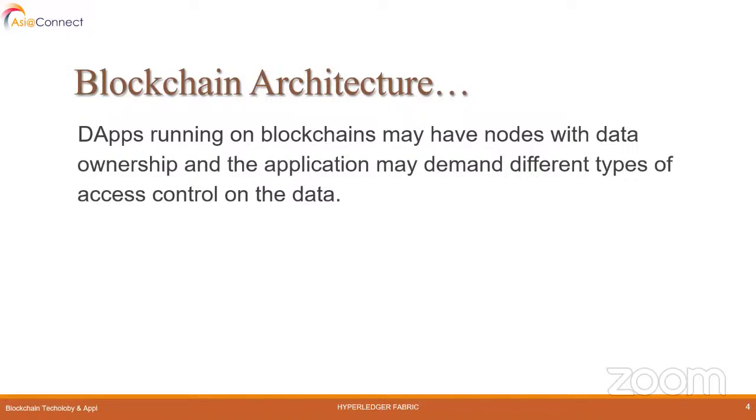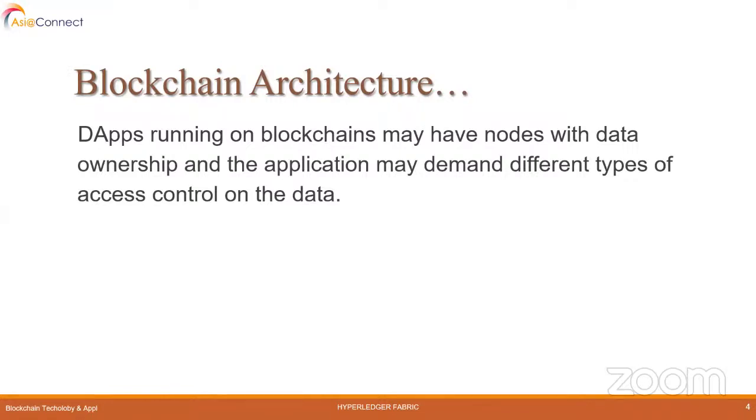So these apps running on blockchains may have nodes with data ownership. For example, we can think of some auditing process where there are people who have some kind of data ownership. Finance and accounts may have some kind of data ownership. HR department may have a different kind of data ownership.